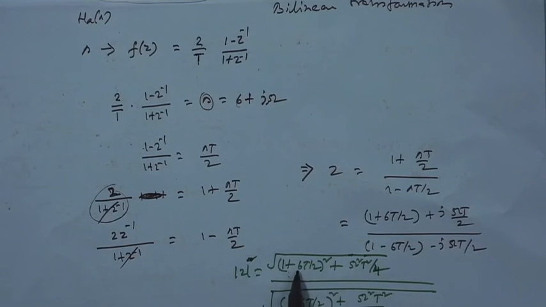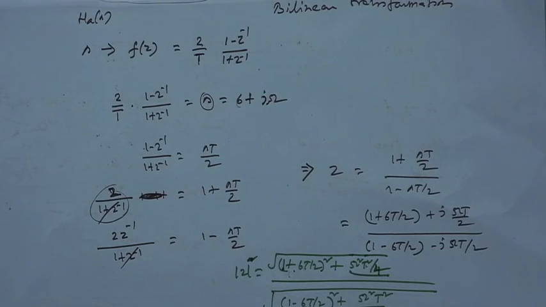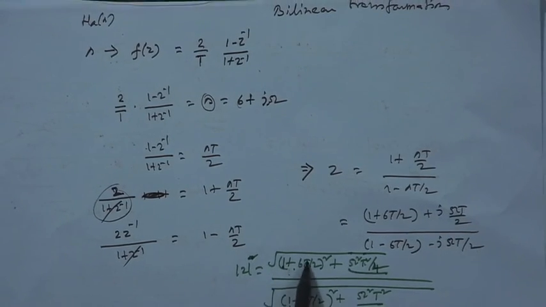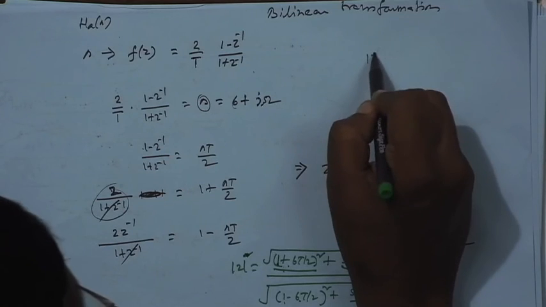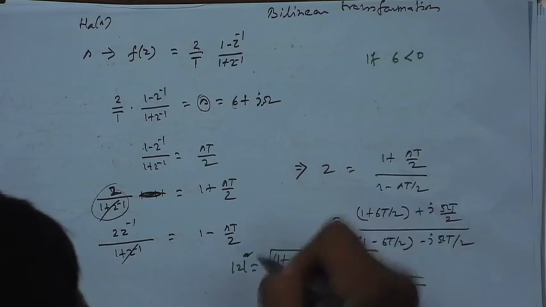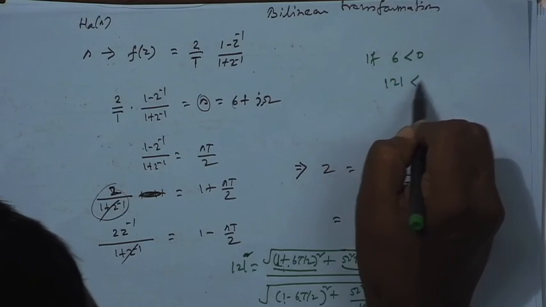Now, suppose sigma is negative. Then the numerator is 1 minus some quantity, and the denominator is 1 plus the same quantity, while the imaginary part is common. So the numerator is less than the denominator, which means if sigma is less than 0, mod z is less than 1.